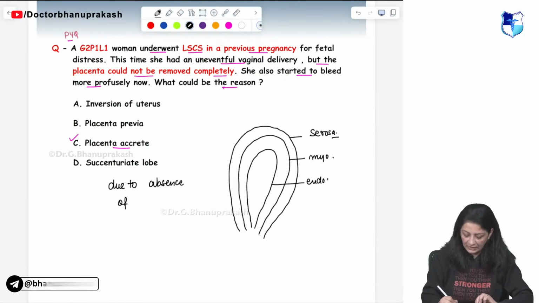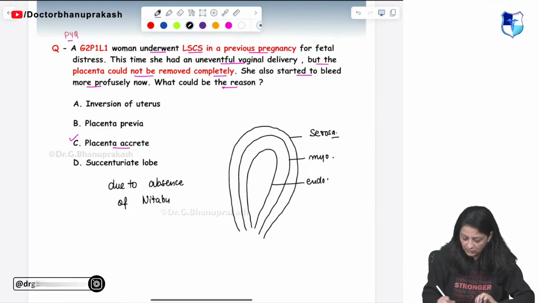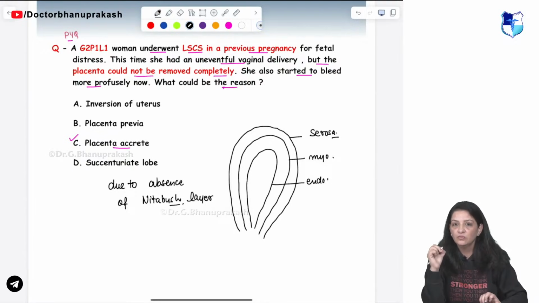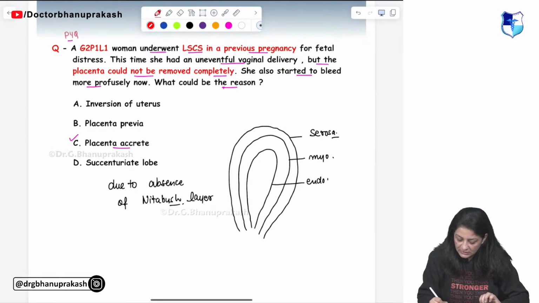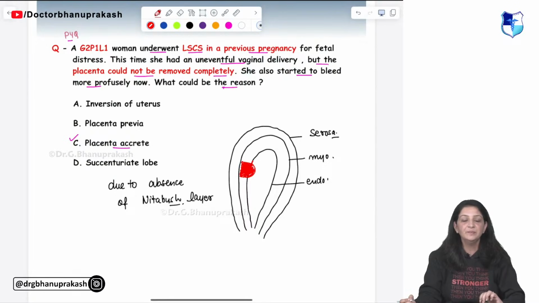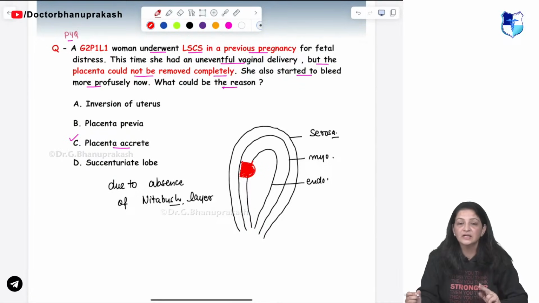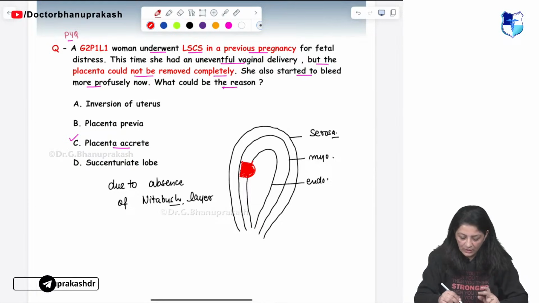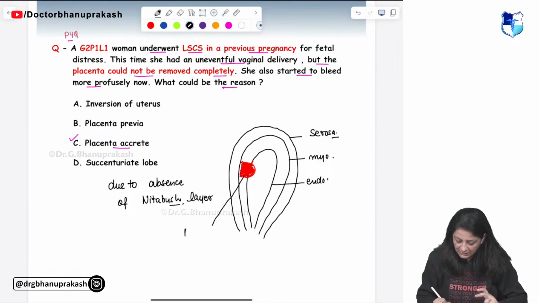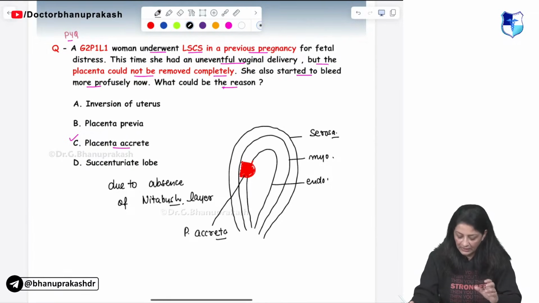Due to absence of the endometrial layer, placental villi will attach superficially to the myometrial layer of the uterus. So this is called placenta accreta.